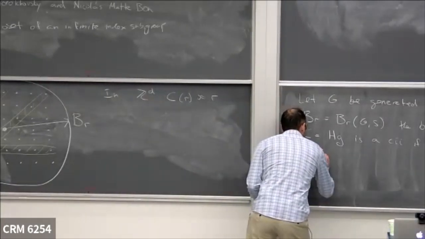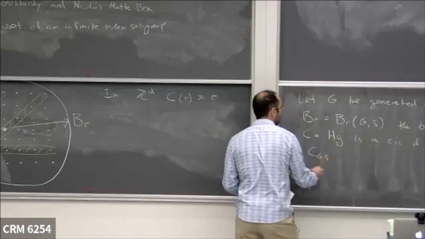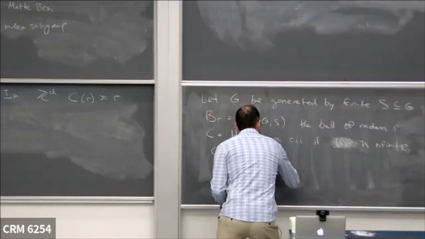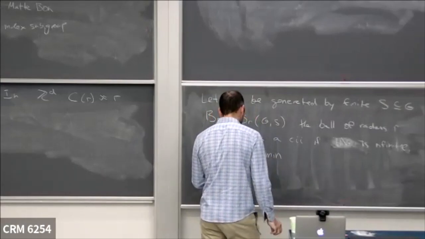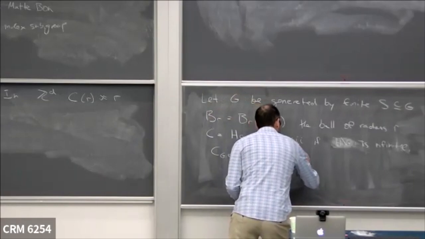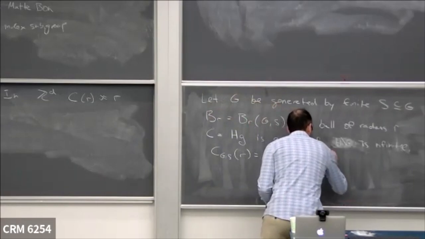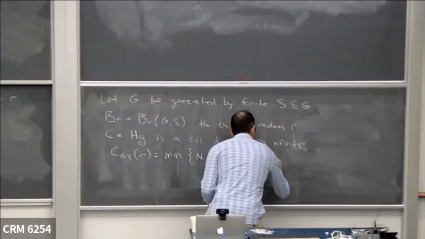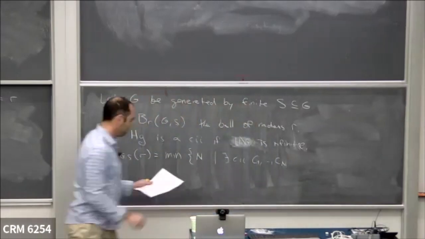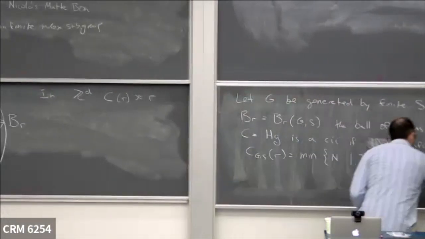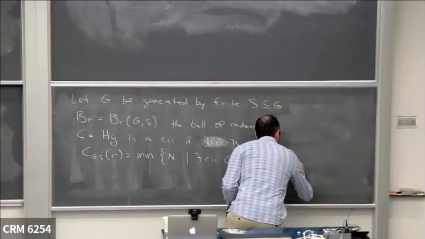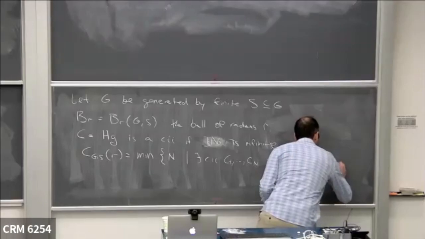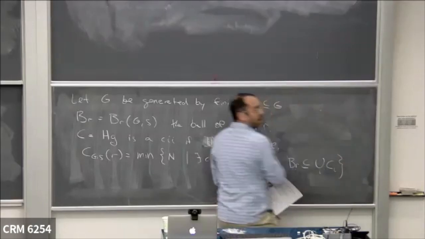And I'm going to define C, and maybe I want to say specifically C_{G,S} of r, as the minimum of the set of all n such that there exist CIIs C_1 up to C_n such that the ball of radius r is contained in the union of these C_i.